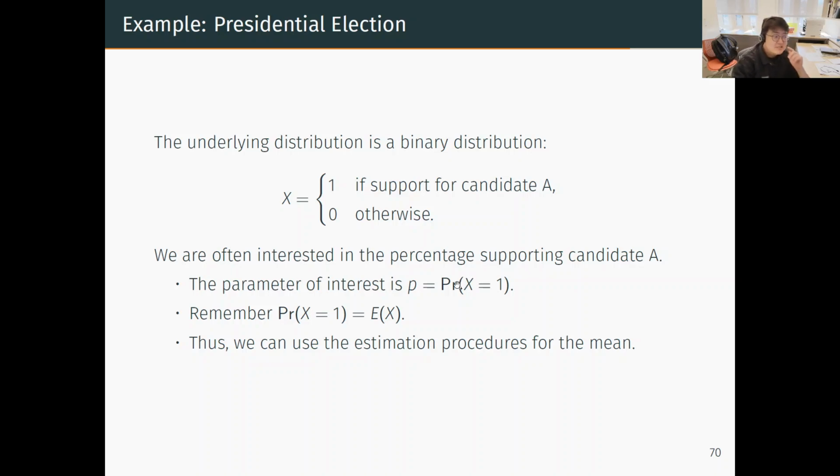The problem here is that what we learned in the previous video was an estimation procedure for the mean. We restricted our focus to mean estimation. We would like to estimate the unknown mean, but we are now interested in the probability of success. However, in this specific example, it does not matter, because remember, in the binary distribution, the mean is the probability.